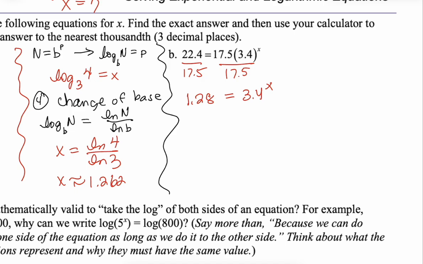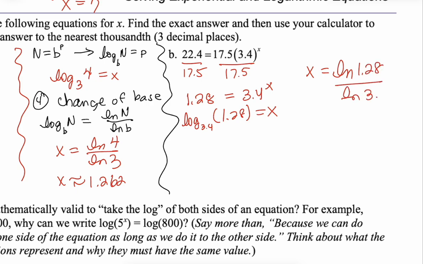Now, remember, there's 2 ways you can approach this. Our base is 3.4. Our power is x. Our number is 1.28. So this is the log base 3.4 of the number 1.28 should equal the power x. That's the solution that's exact. Now, how could we enter that into a calculator? Well, it's the natural log of the number divided by the natural log of the base.